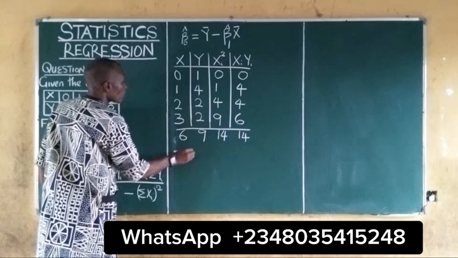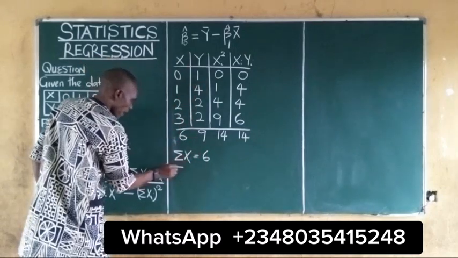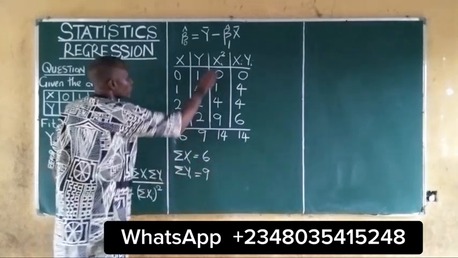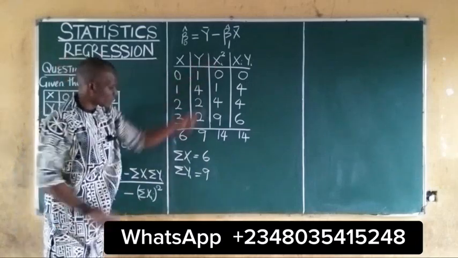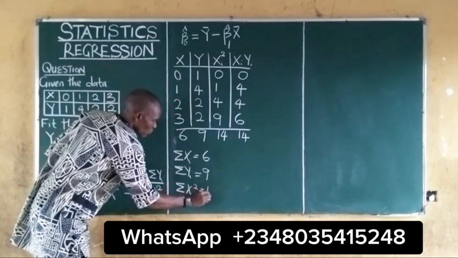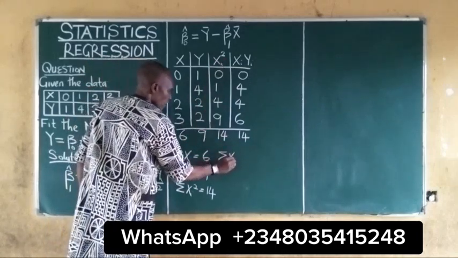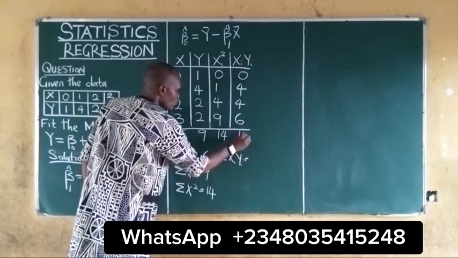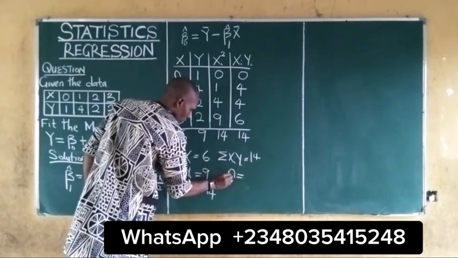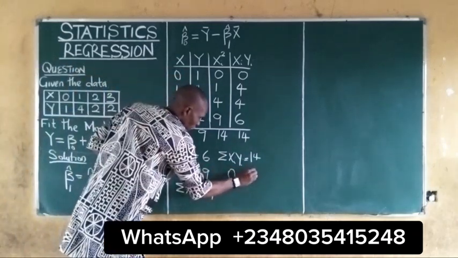It then means that summation of xi is equal to 6. Summation of yi is equal to 9. Summation of xi squared is equal to 14. Summation of xi yi is equal to 14. N, which is the number of observations, is 1, 2, 3, 4. So n is 4.